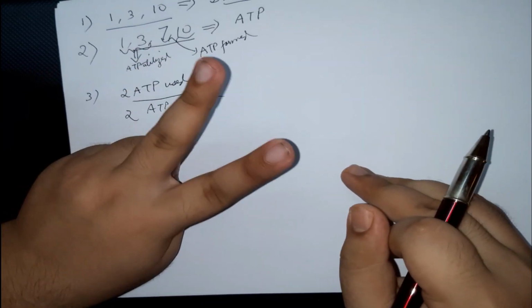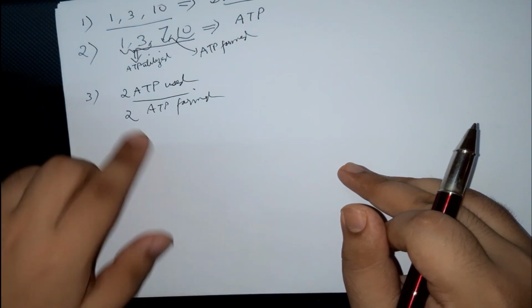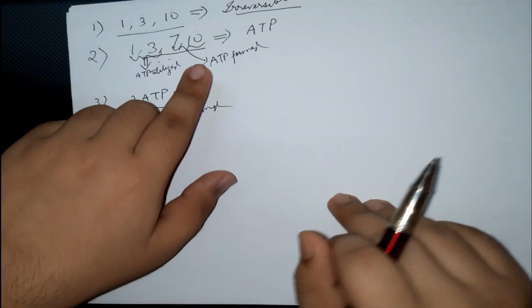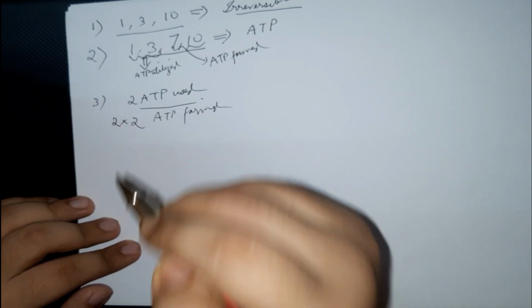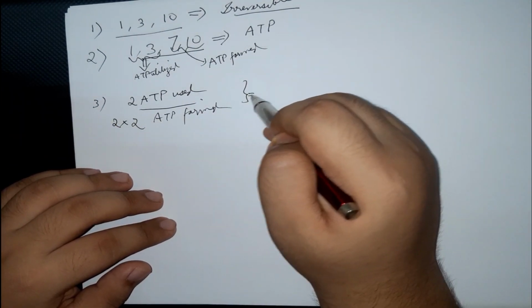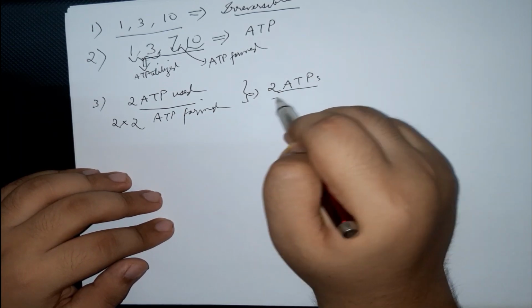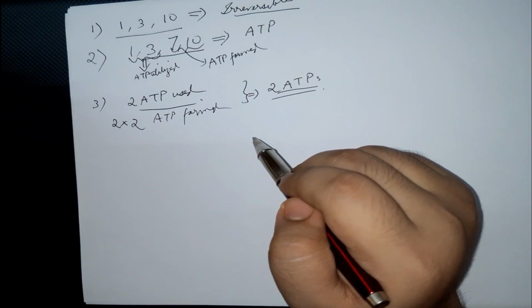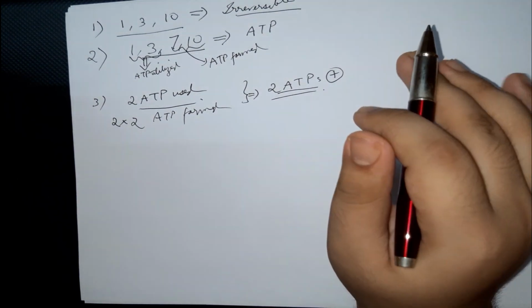So from there we have to multiply everything by 2. So 2 ATPs being formed in steps 7 and 10 will be 2 into 2, that is 4 ATPs being formed. So overall we get a net gain of 2 ATPs. Okay. So 2 ATPs positive, that is we gain 2 ATP.